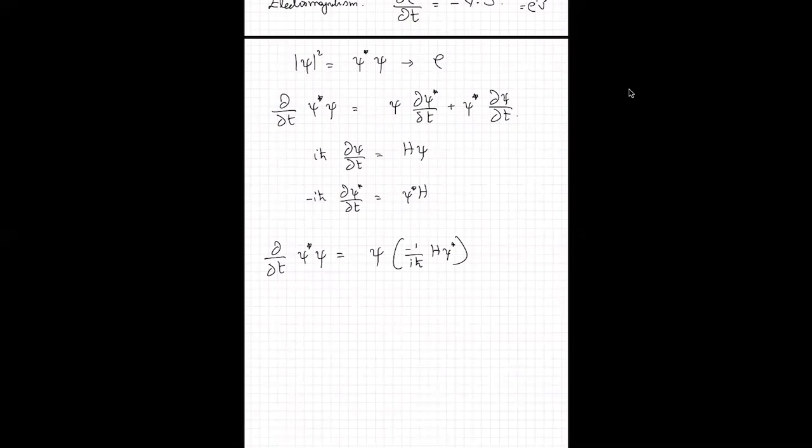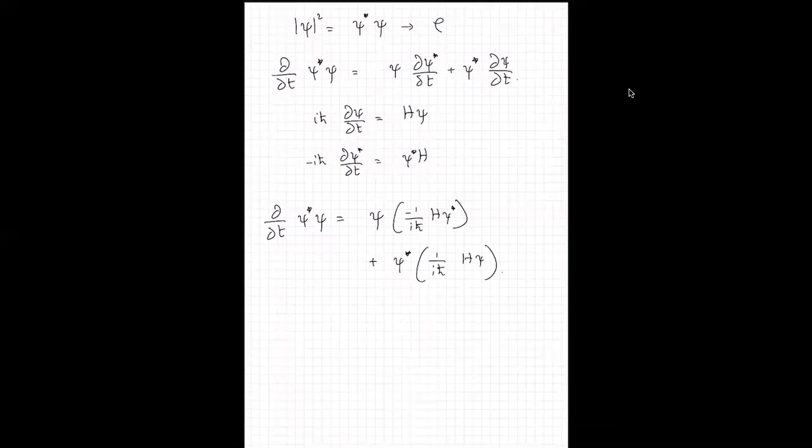So the position representation really doesn't matter if I write this way or that way. I'm going to write this as: the second term is plus psi star 1 over i h bar d psi dt, which can be written as H psi. So this should be written as minus 1 over i h bar.